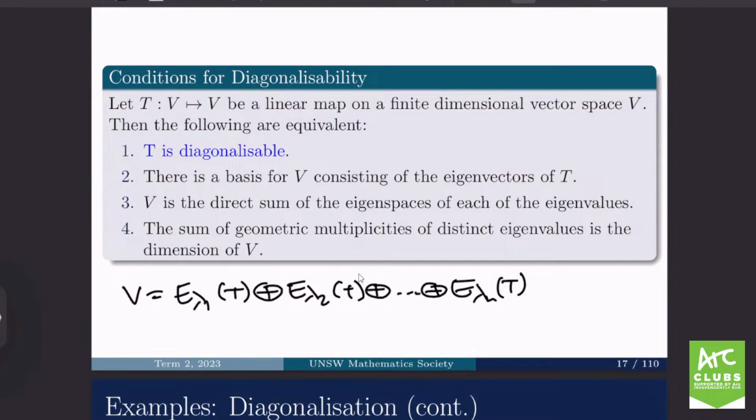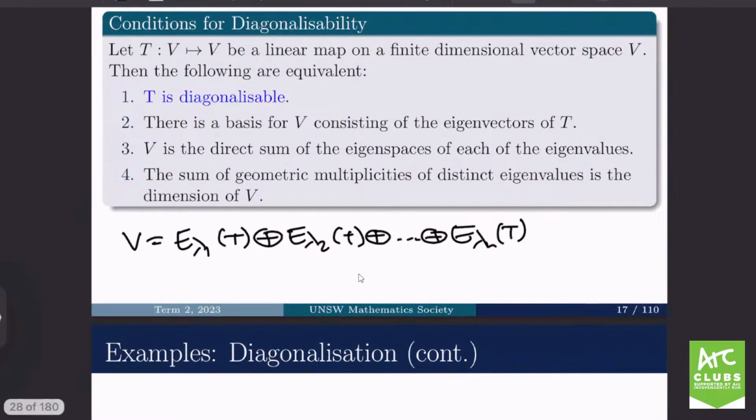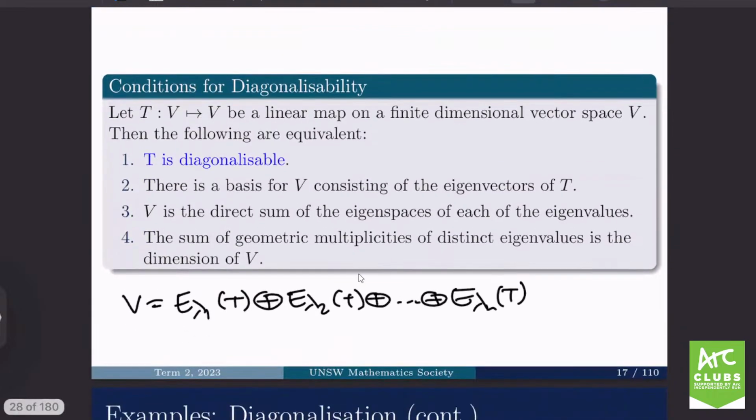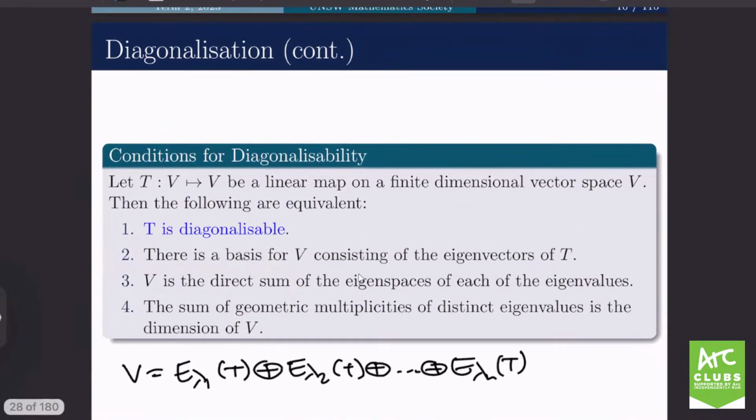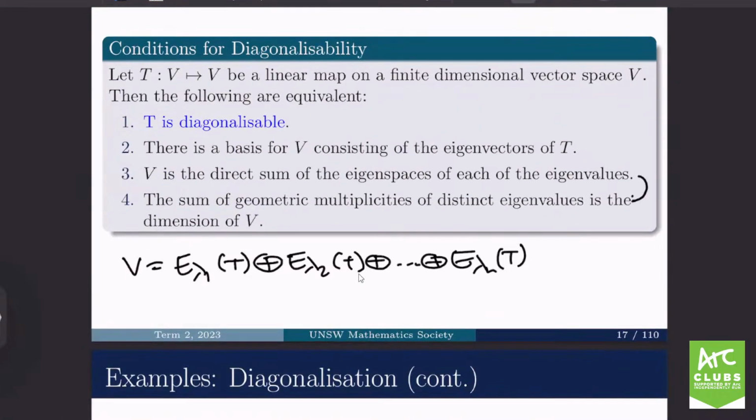Because each eigenspace could have a dimension more than one, based on its geometric multiplicity, okay? And 4, the sum of the geometric multiplicities of distinct eigenvalues is the dimension of V. So these are things that we've kind of already looked at in detail before, and this is telling us that it's diagonalizable if and only if we have a basis of eigenvectors, okay? And these two are kind of just saying that we have a basis of eigenvectors.